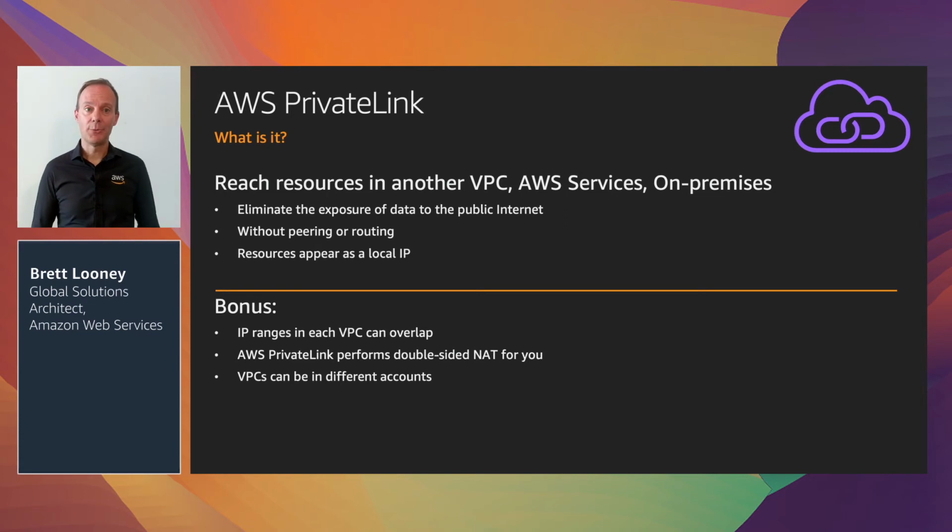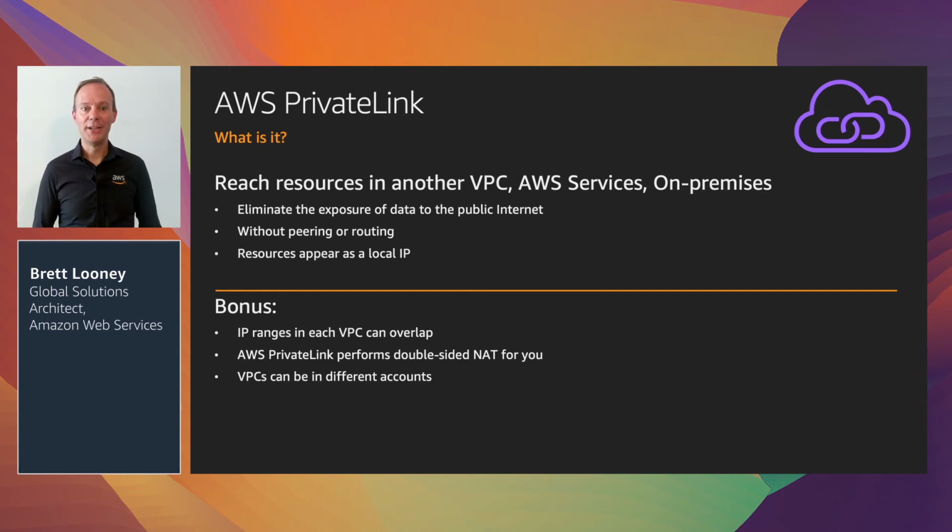And the way PrivateLink works is we can take a service that's presented in another VPC and insert it into a VPC that is, say, a consumer VPC, and it just appears as a local IP. The great thing about this, we don't actually care whether the services VPC and the consumer VPC have overlapping IP address. We just do some double-sided NAT for you and it's all magic.